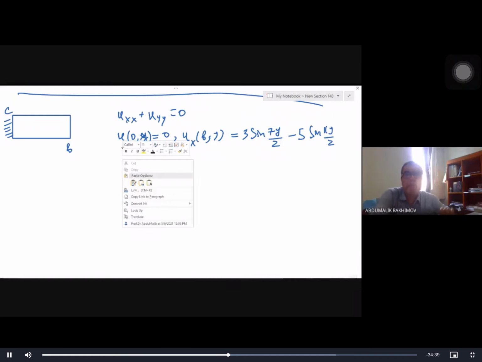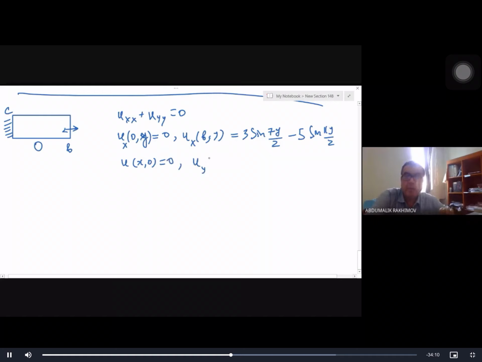So here you are given a function, or heat flow is given, like this. Let's say the condition when y equals 0 is 0. And we have a condition uy at C equal to 0. What does this condition mean? This side is isolated.